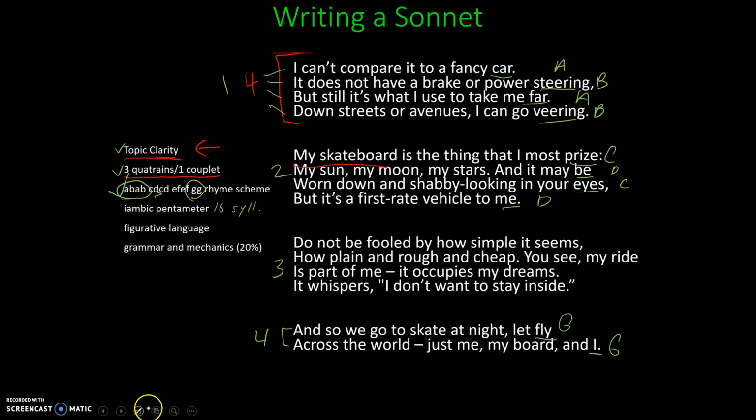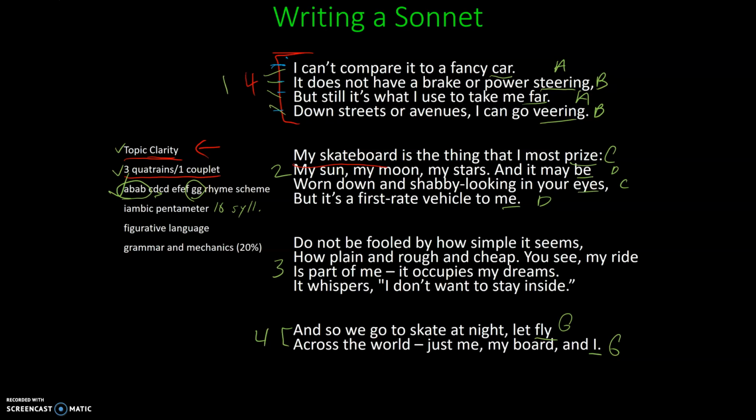I'm going to change colors here really quickly. Let's do, you know what, let's do blue. Blue will be a little bit easier to see. So in each of these lines, I should be able to go through and count the number of syllables. Let's do one example. We'll do this first line right here. I is 1, can't 2, compare is 2, so that's 4.